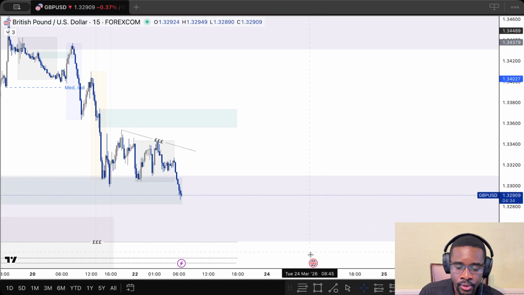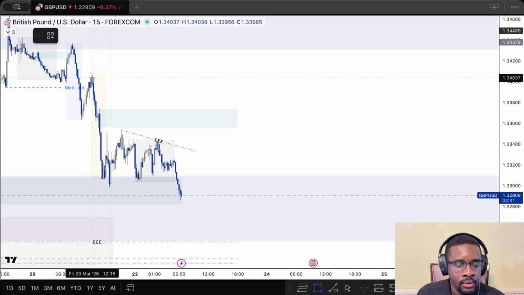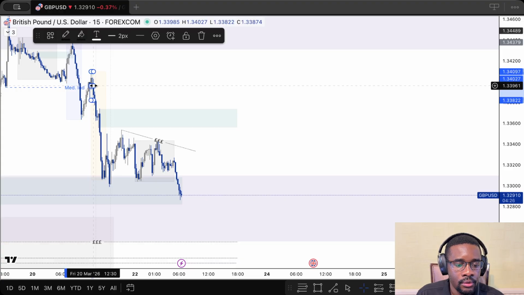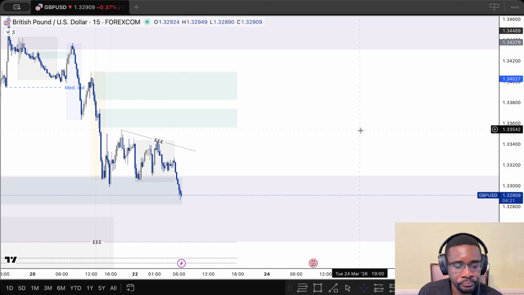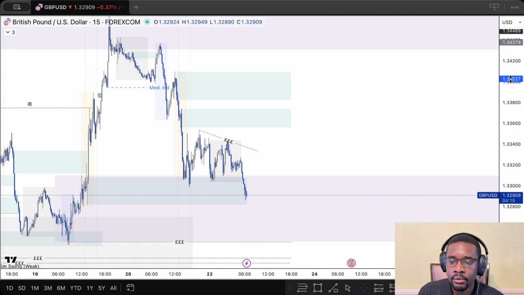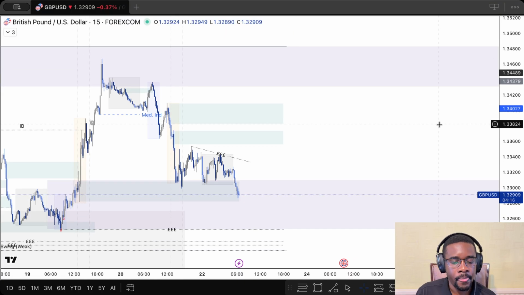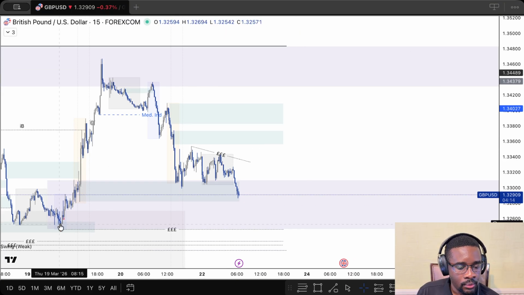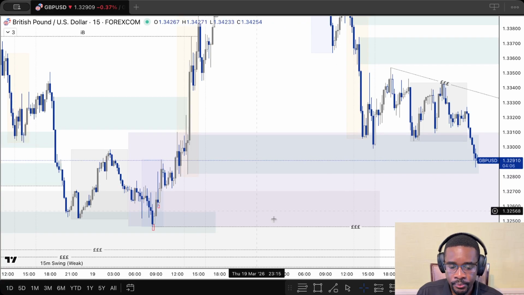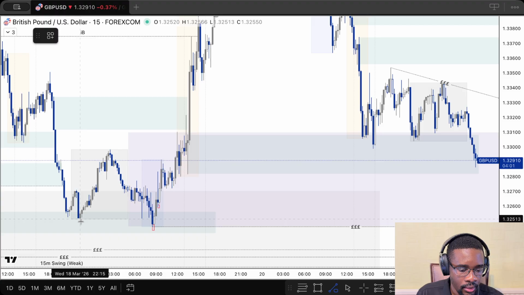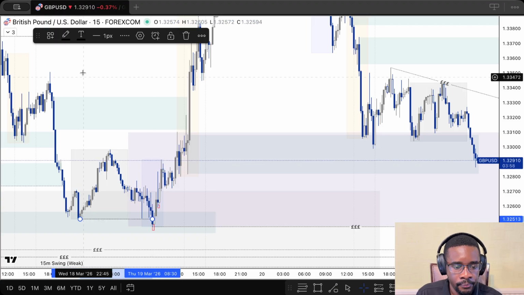And then we have this extreme for the pullback. So this is what we're looking at. There's an area that swept and then pushed up. Right now, it's about looking at what price did.